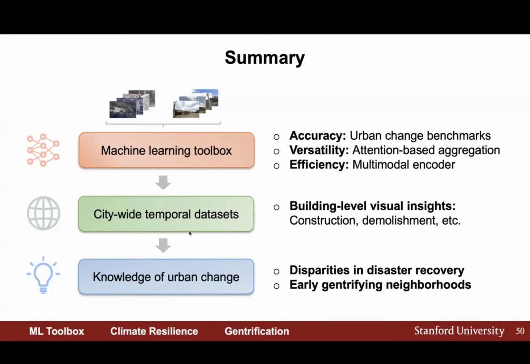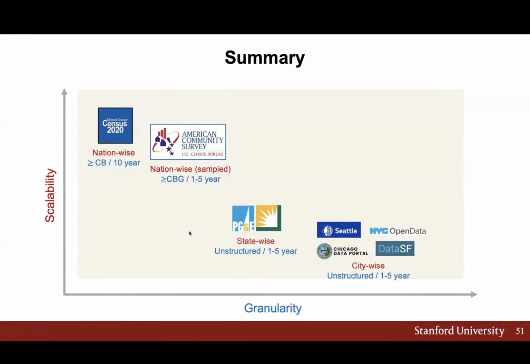We still have some privacy concerns about whether we can publish those data, but using our models, it's actually possible to create this building level analysis that allows us to have some insights and more knowledge of how cities change over time. We believe that our methods will achieve high granularity and high scalability at the same time.